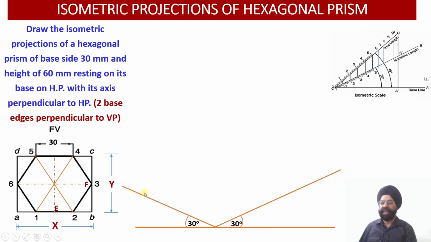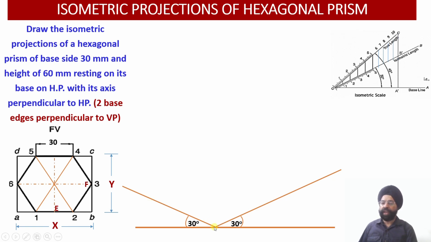That is, in the xz plane I am going to locate the base of this hexagonal prism. Now this is the rectangle. Now I need to work out whether I should locate my x dimension over here, or in this orientation, that is along the x-axis.